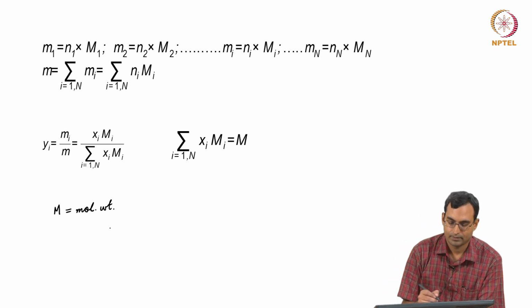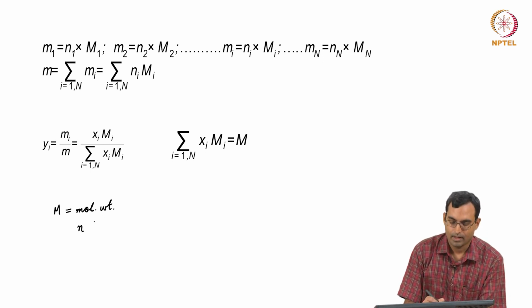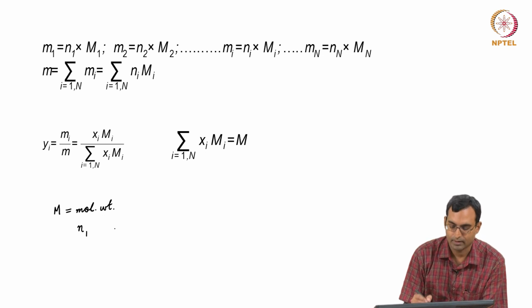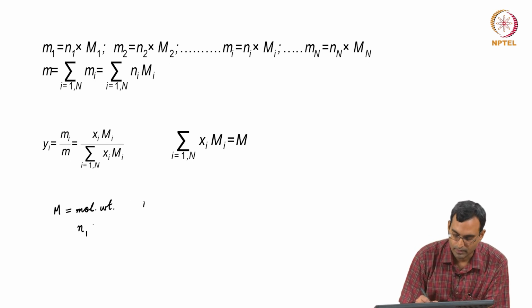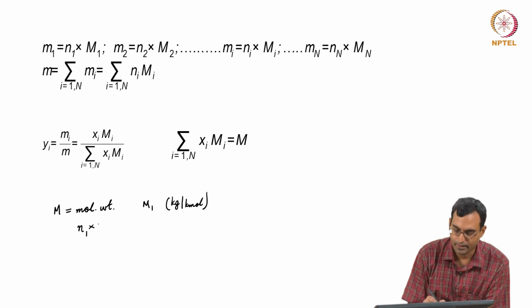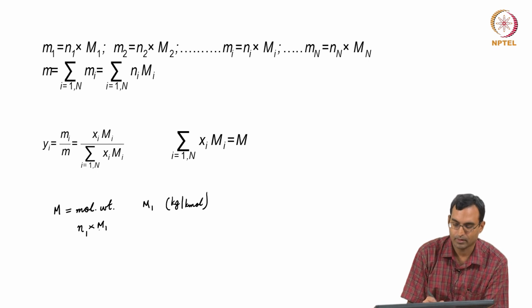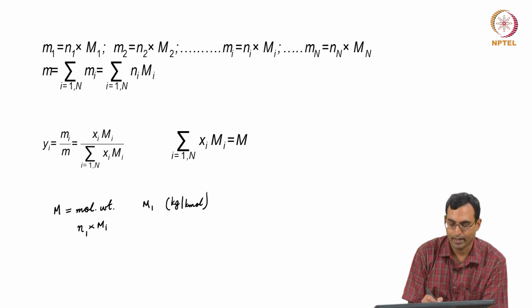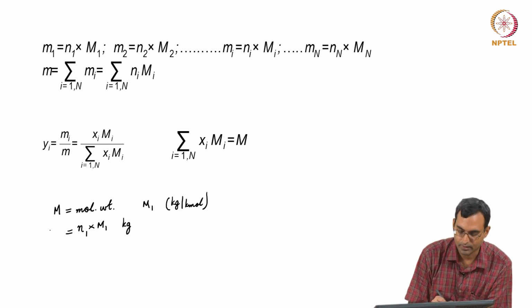So, let us say if I had n1 kilomoles of a certain substance and the molecular weight is M1, and the units of this would be kg per kilomole, if I multiply n1 kilomoles by this, the kilomoles will be cancelled and I would get something which has the units of kg, which is essentially the mass.